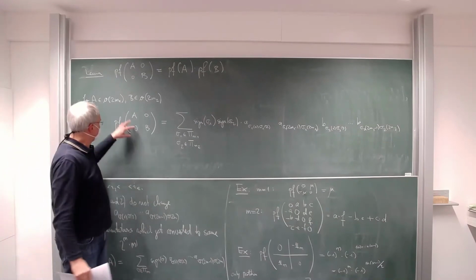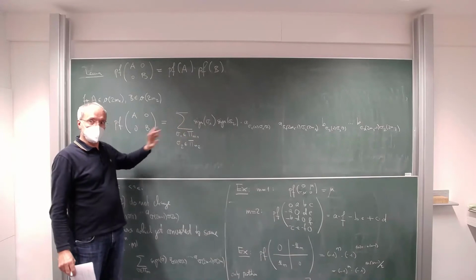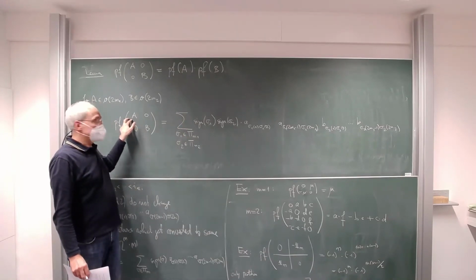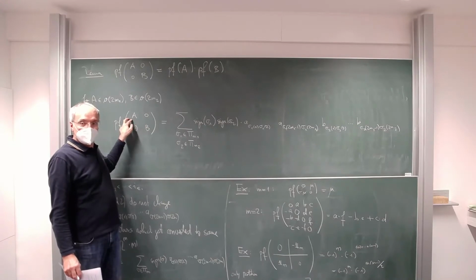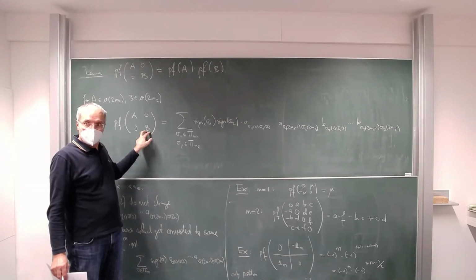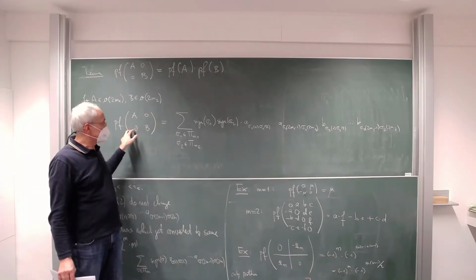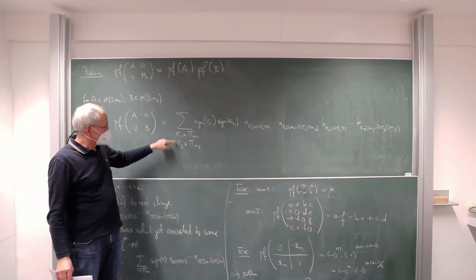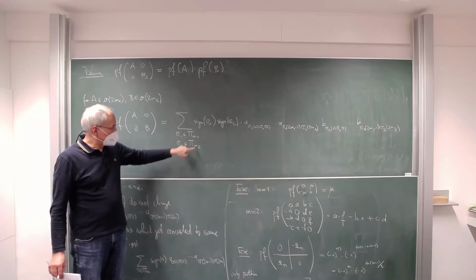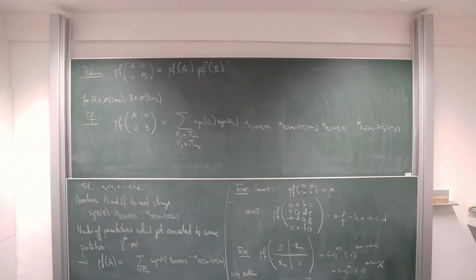I'm summing over not all partitions, but only over those partitions that contain only pairs in the range from 1 to M1 and in the range from M1 plus 1 to M1 plus M2, because otherwise you would hit an off-diagonal term here, which is 0. And this is why I'm summing over these things, and not over all partitions on M1 plus M2. That's the reason.